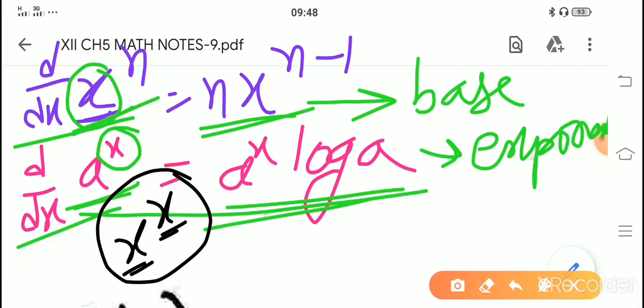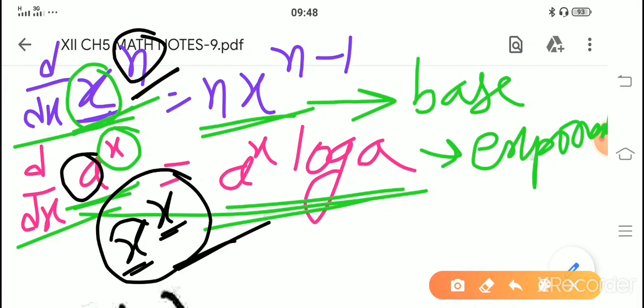When both base and exponent are variables, how do we differentiate? This time I will use the concept which I am going to explain now. When the exponent is constant, you learnt the problems related to that. When the base is constant, you learnt those problems too.